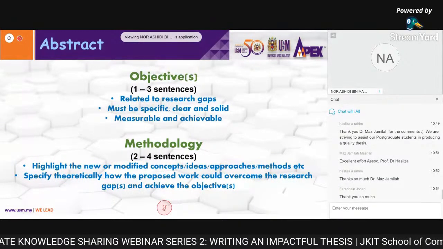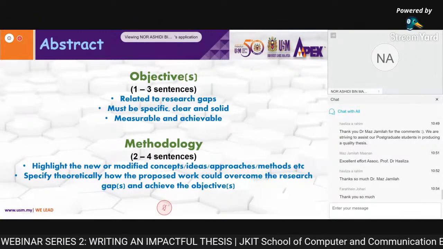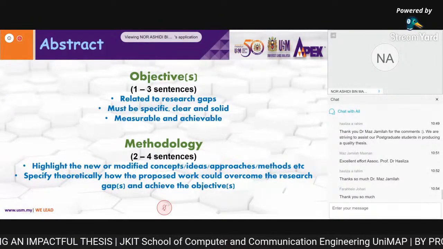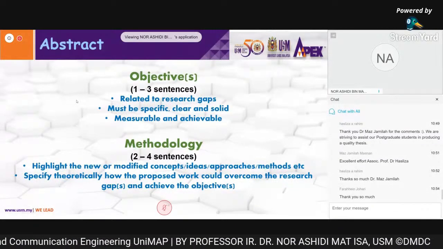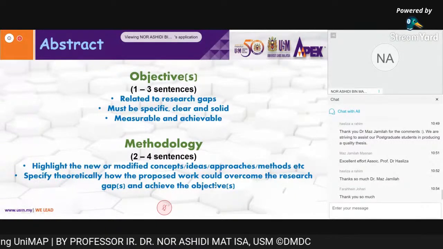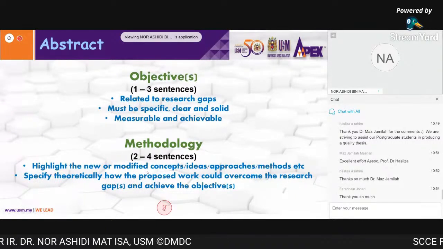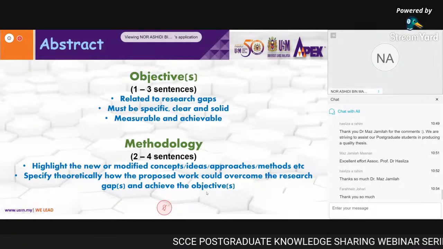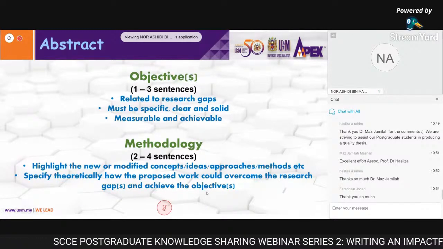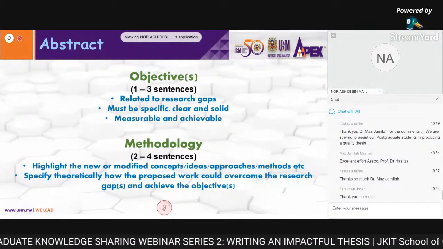How do you do it? Chapter 3. So this only highlights the modification that is to be introduced or modified. And make sure that your concept must relate to your research gap and your objectives. They must be mapped together.